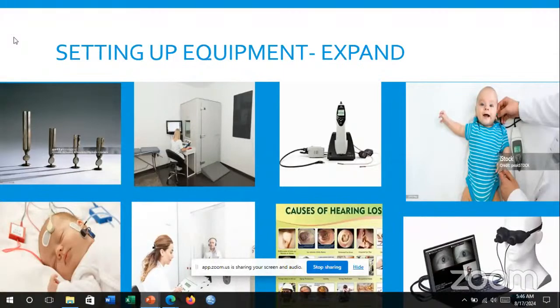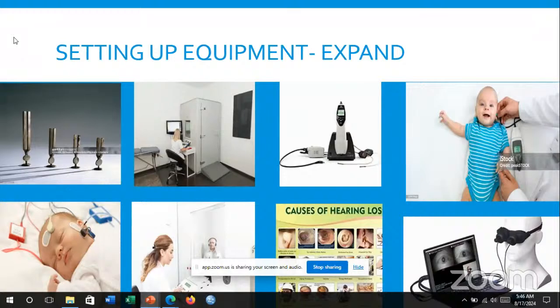We have pediatric audiologists, those attending to old people, industrial audiologists, and so on and so forth. We have school audiologists as well. So in setting up equipment, let the particular equipment you need be your target.